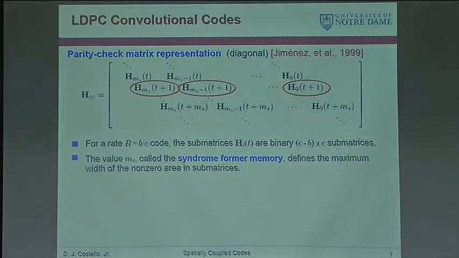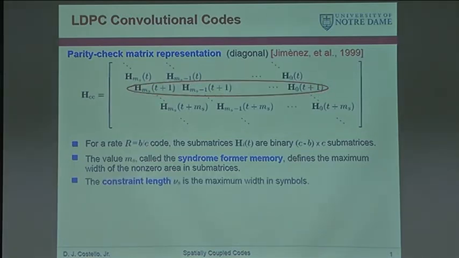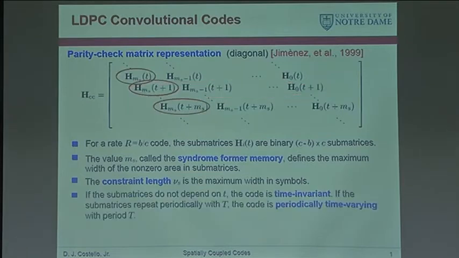So for that reason, this is sometimes also referred to as the syndrome former matrix. The width of the parity check matrix here is the syndrome former memory, a very similar concept to the memory order of a convolutional encoder. The constraint length is the same width, except we count it in symbols rather than in submatrices.